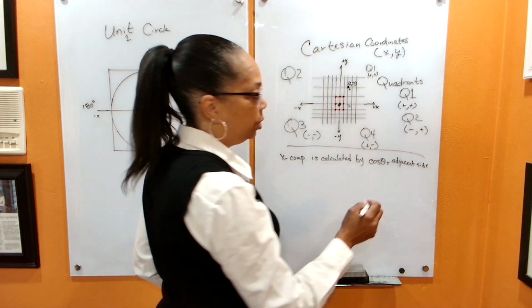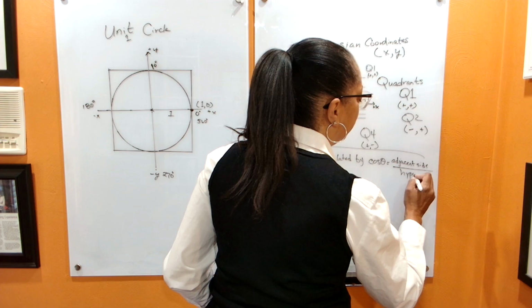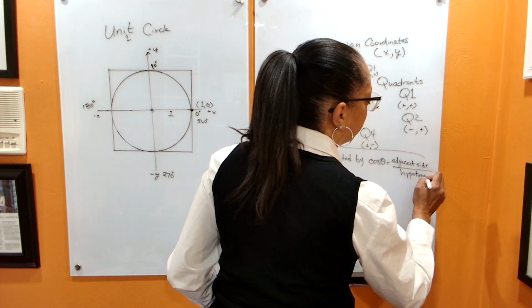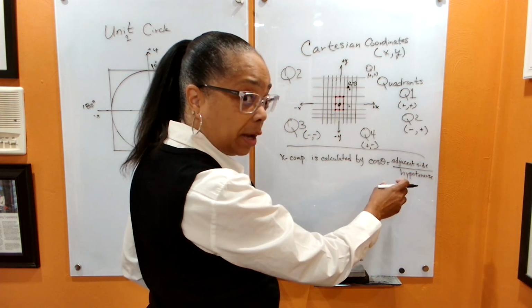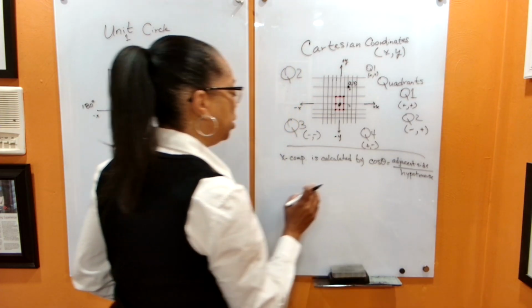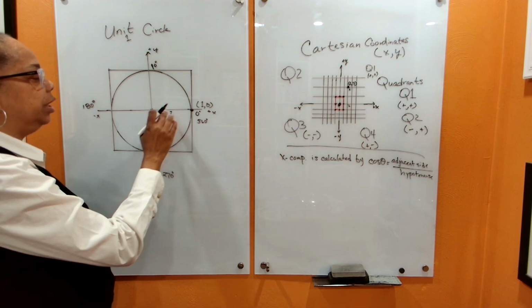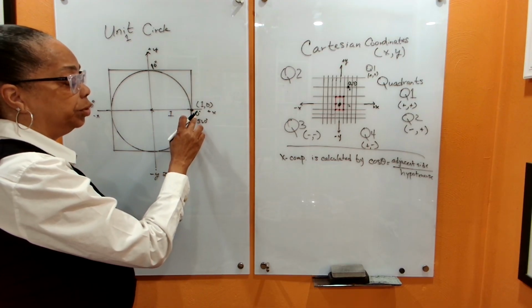Is that showing up? Yes, it is. Over the hypotenuse. And as we move forward, I'm going to start abbreviating adjacent and hypotenuse and opposite, okay? So this is the x component. So right here, for example, if we wanted to look at this thing, this is at 0 degrees.